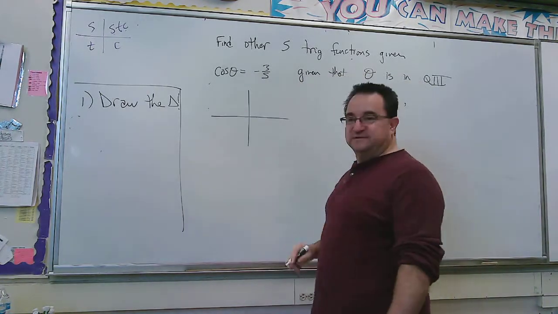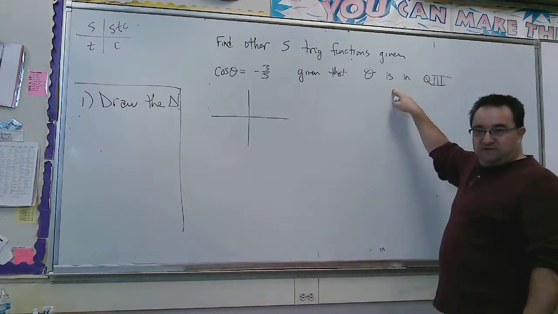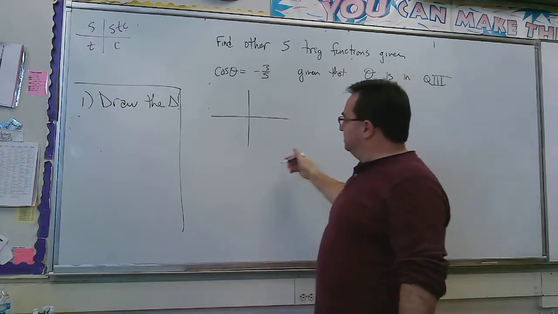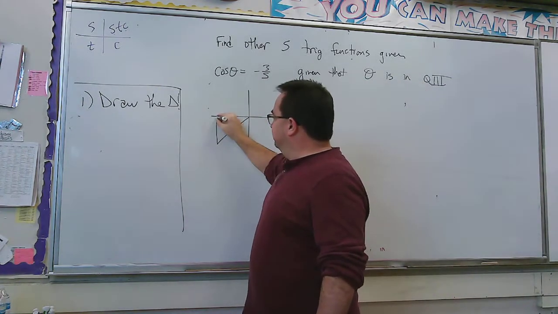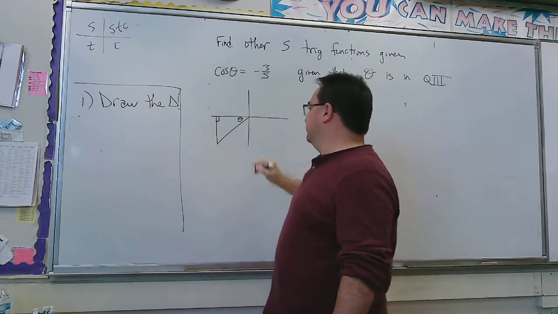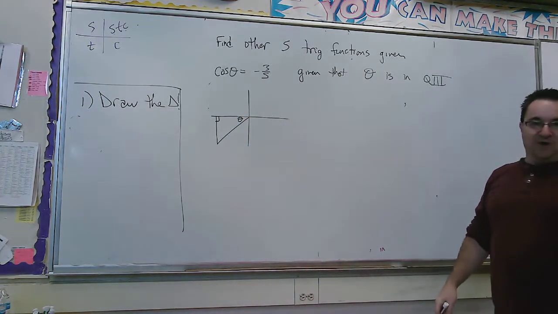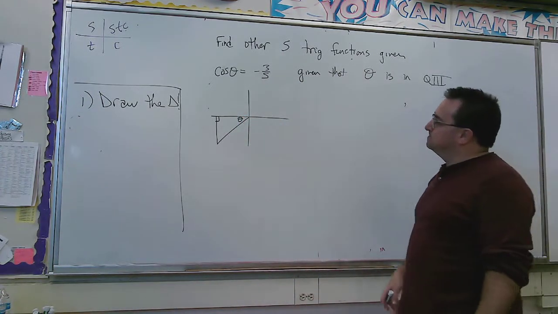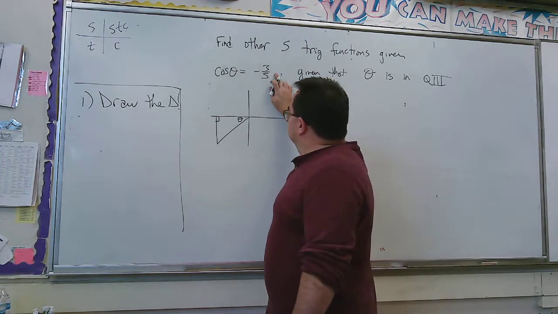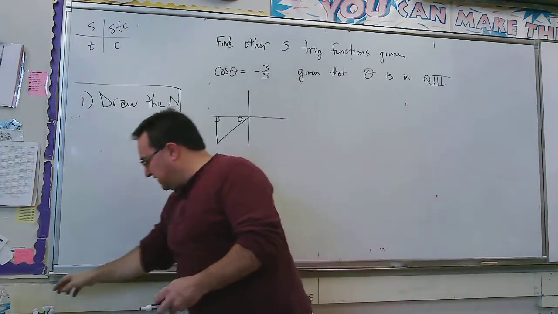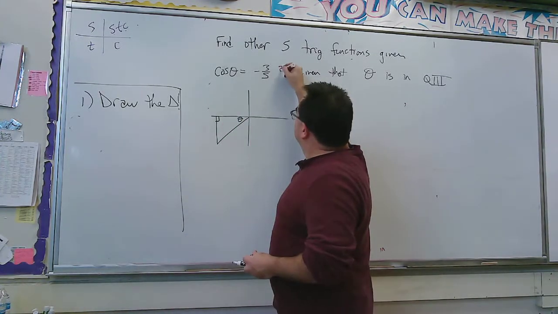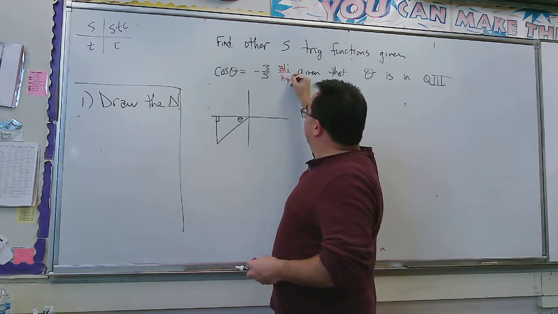Here's a coordinate system. See how it tells you the theta is in quadrant 3? That would be this variety of the problem. Right? That's the quadrant 3 triangle. Now what is this telling me? Remember that cosine is adjacent over hypotenuse.